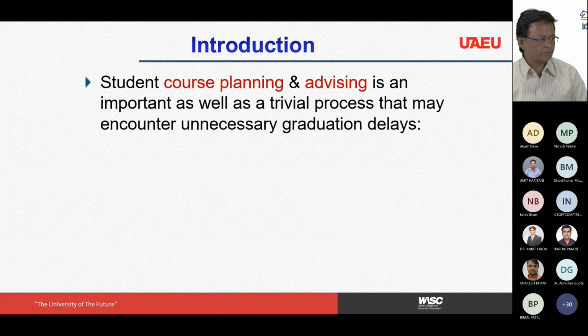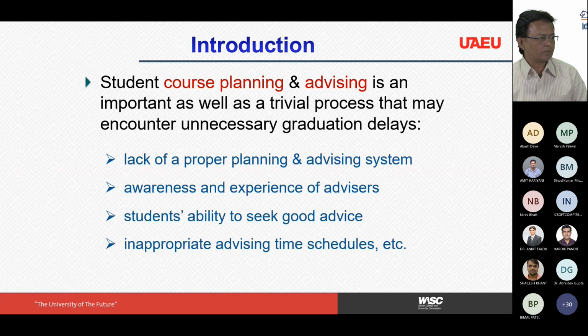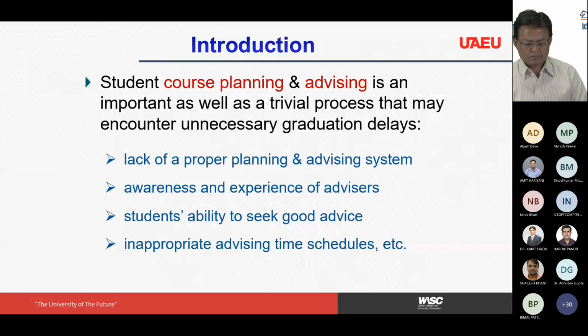Students' course planning and advising is an important as well as a trivial process that may encounter unnecessary graduation delays due to the lack of a proper planning and advising system. Although we have our advising system, it works, but it's not as sophisticated as it should be, because with the number of students, multiple problems can come up.